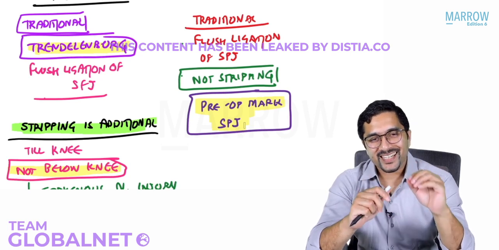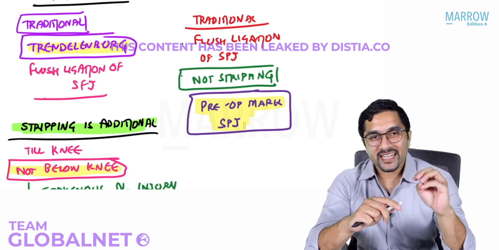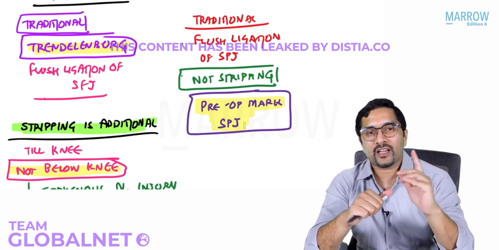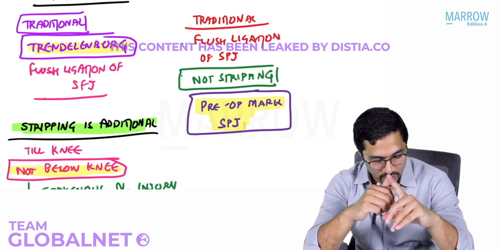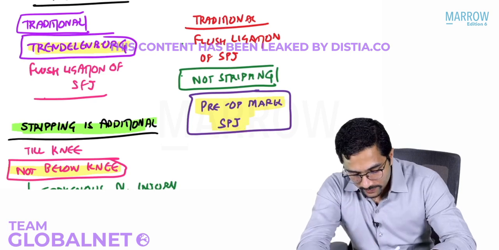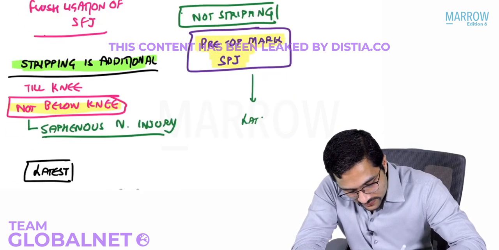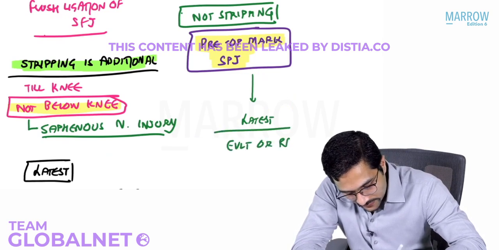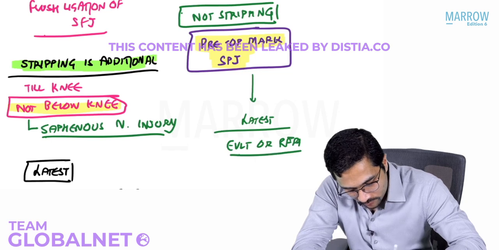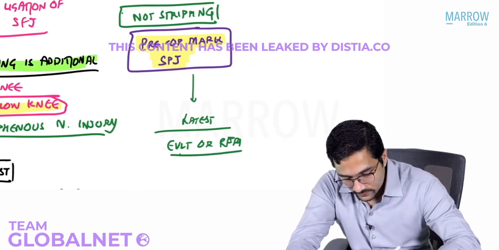And I have seen first year postgraduates getting a real scolding that if the marking of the varicose vein patient is not done pre-operatively. So this should be done beforehand. The latest procedure is again EVLT or RFA. That is the procedure of choice for saphenopopliteal junction as well.